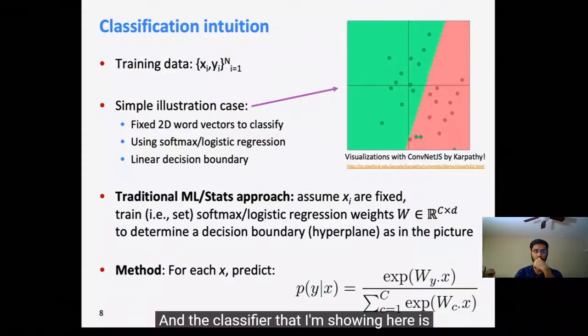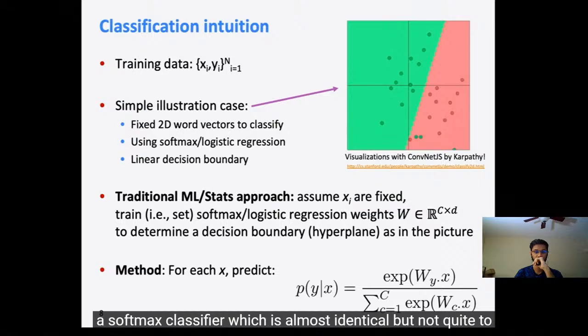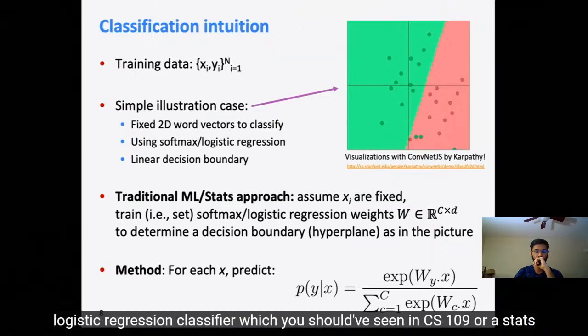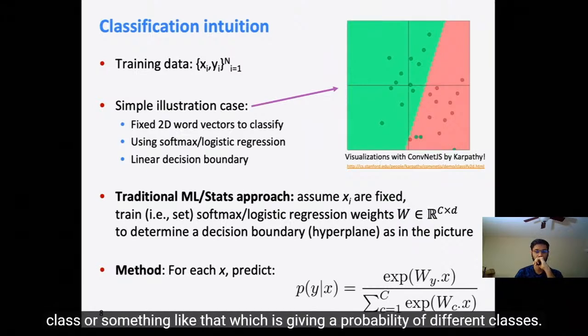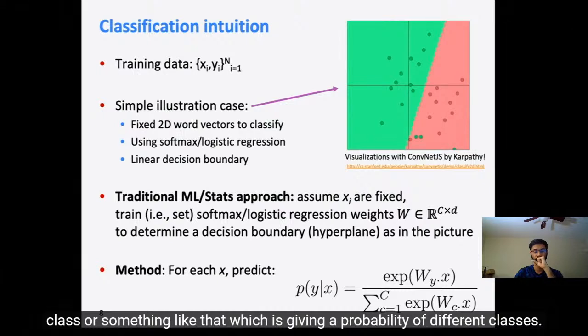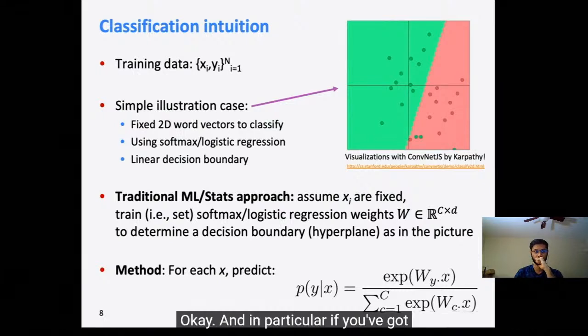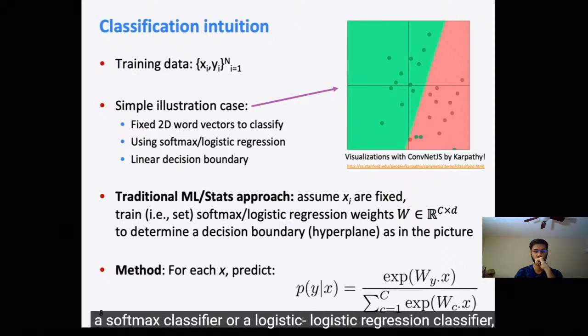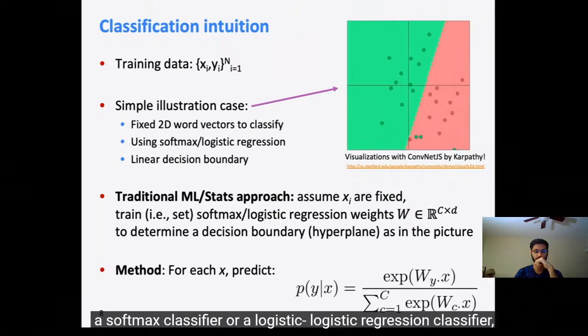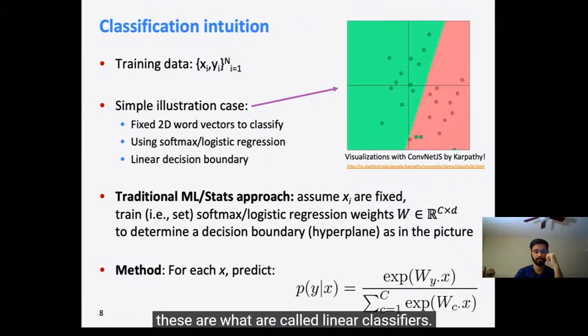The classifier that I'm showing here is a softmax classifier, which is almost identical but not quite to a logistic regression classifier, which you should have seen in CS 109 or a stats class or something like that, which gives a probability of different classes. And in particular, if you've got a softmax classifier or a logistic regression classifier, these are what are called linear classifiers.